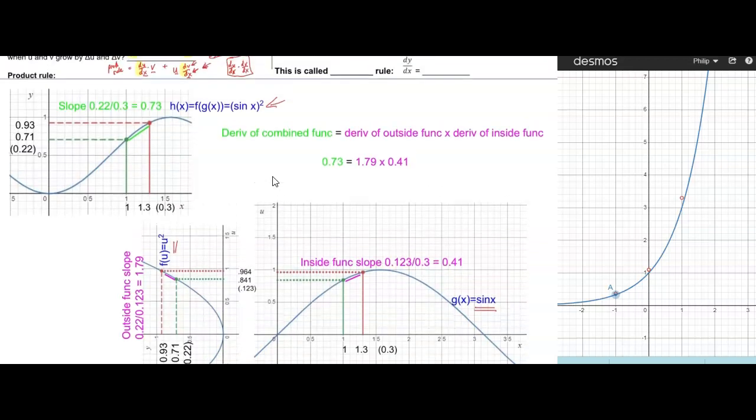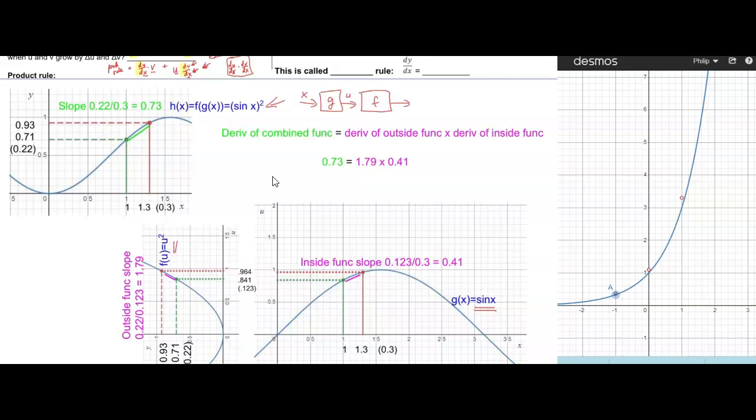Just to review, remember the concept of function boxes? If I have a composite function, you can think of that as, okay, I have an input called x. It goes through the function box g, and out comes an intermediate output, let's call it u.